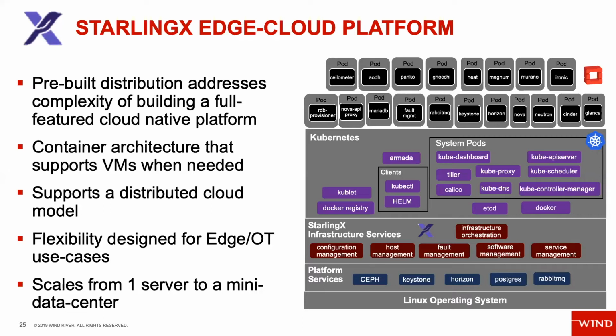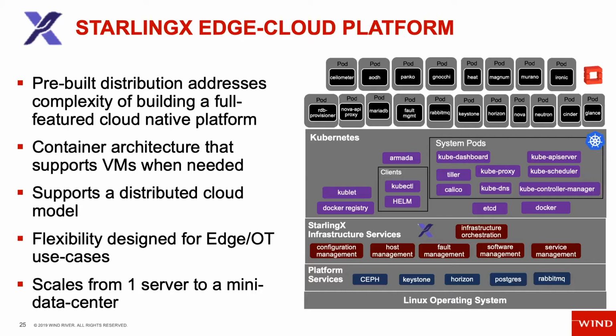It's a container-based architecture, but it supports the use of VMs when required, as I mentioned, by containerizing OpenStack and running the VMs in the containers. It has the flexibility that's designed for edge use cases, and I'll go into more detail on that.